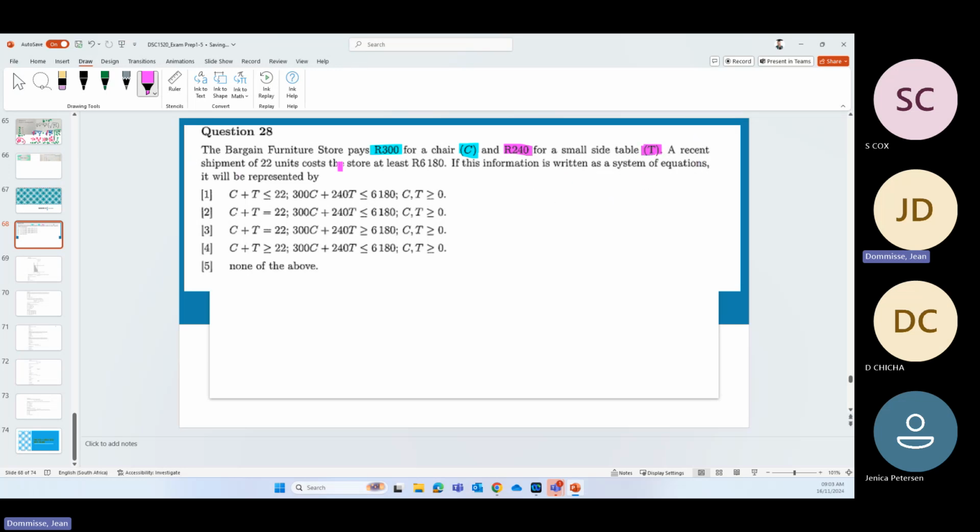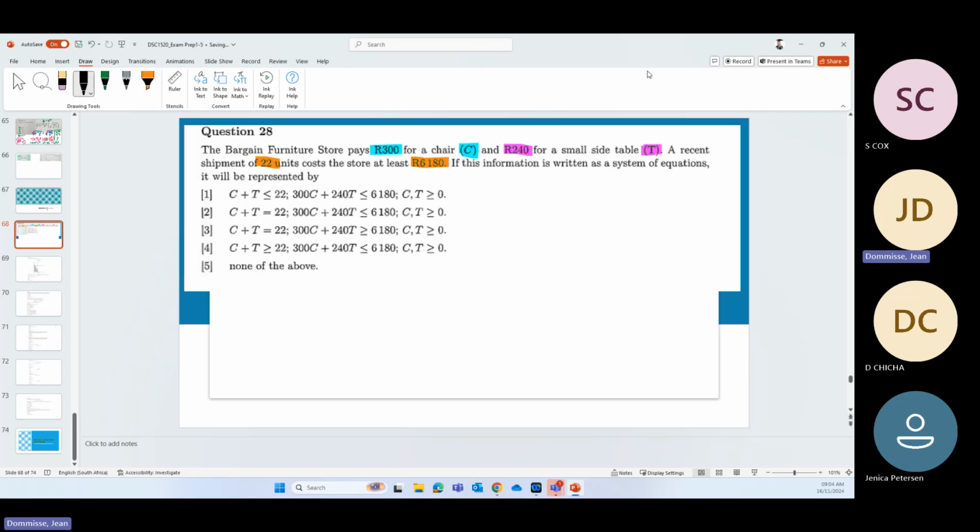A recent shipment of 22 units cost the store at least 6,180. This is the information. If the information is written in a system of equations, it will be represented by... Okay, so let's look at a few things.